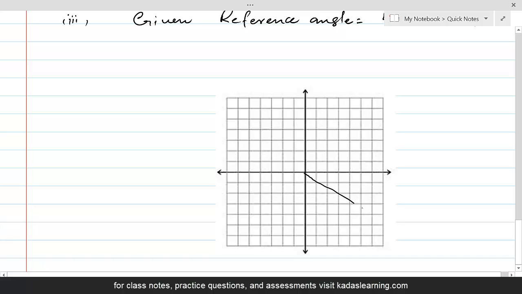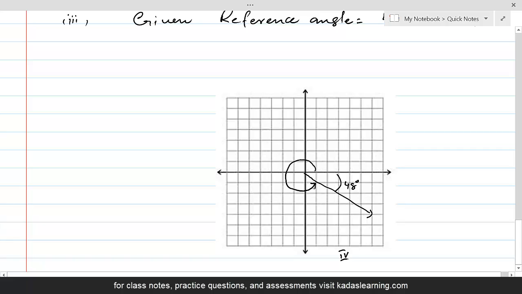This 48 degrees will be a line here. This angle is 48 degrees and this is quadrant 4. So the principal angle is the measure of this whole angle.